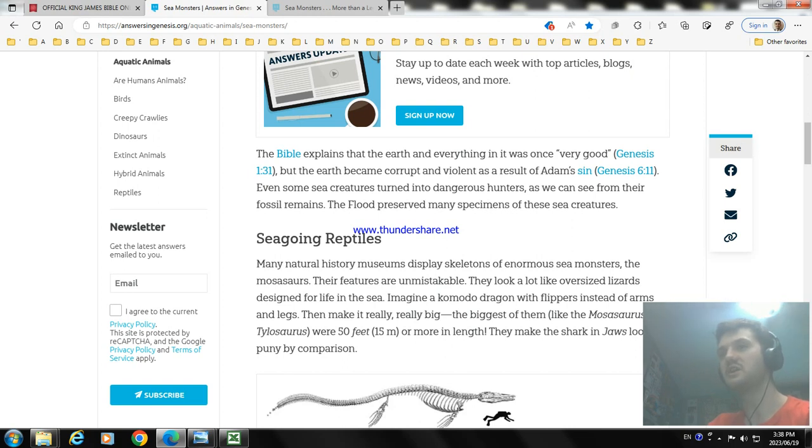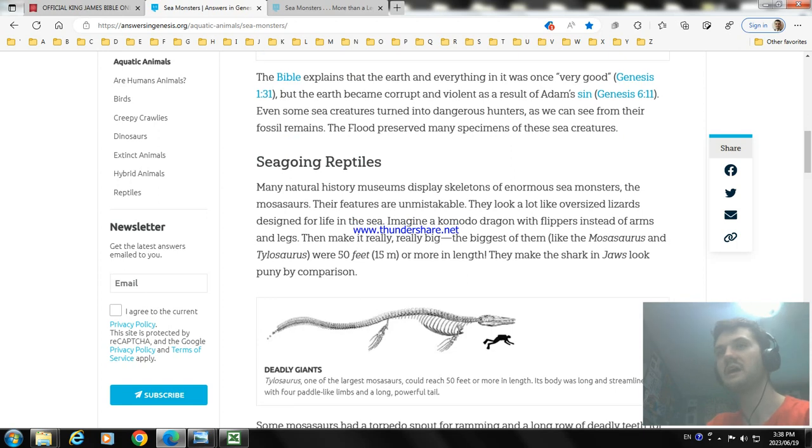Imagine a Komodo dragon with flippers instead of arms and legs, and then make it really, really big. The biggest of them, like the Mosasaurus and Tylosaurus, were 50 feet, 15 meters, in length, and they make the shark in Jaws look puny in comparison.